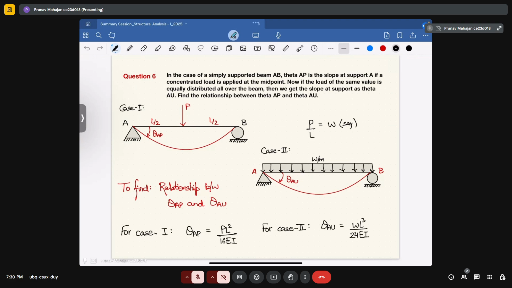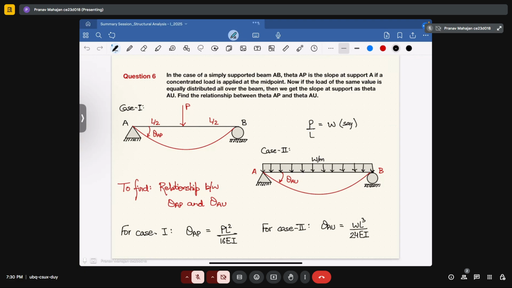As drawn in the diagram, for case 1, a point load is applied at the middle of the beam and the slope in this case is theta AP. Whereas in case 2, a uniformly distributed load W is applied, which is equal to capital P upon length. In such a situation, the slope will be theta AU.